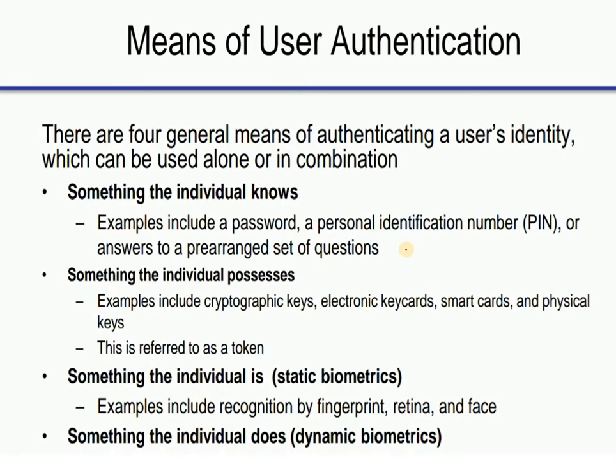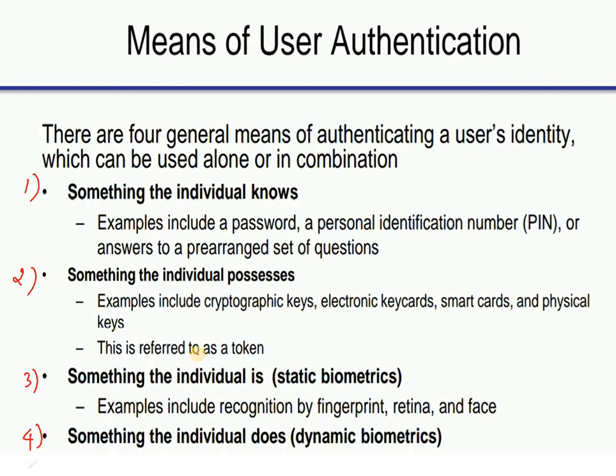So what are the means of user authentication? We have generally four different measures that we will use to identify or authenticate the user. These are the four means: number 1, 2, 3 and 4.